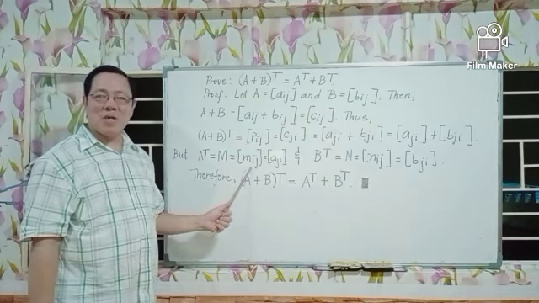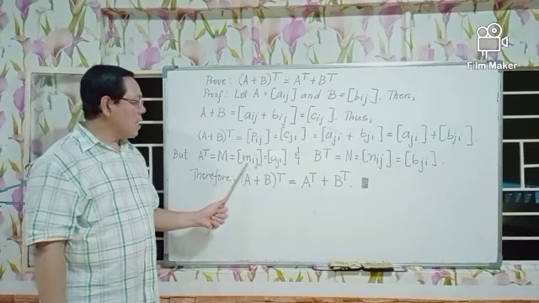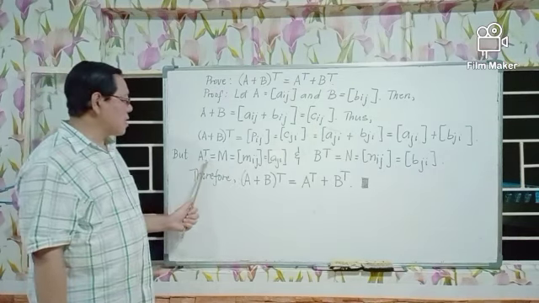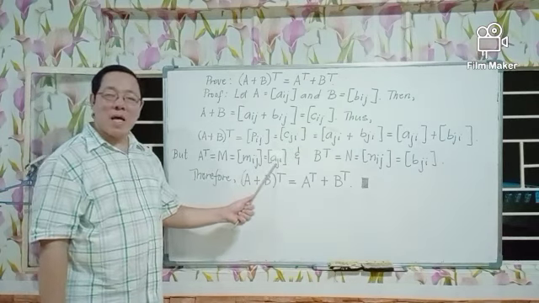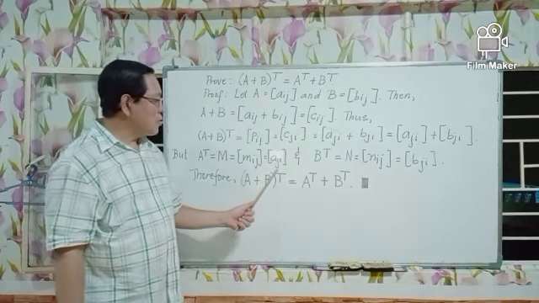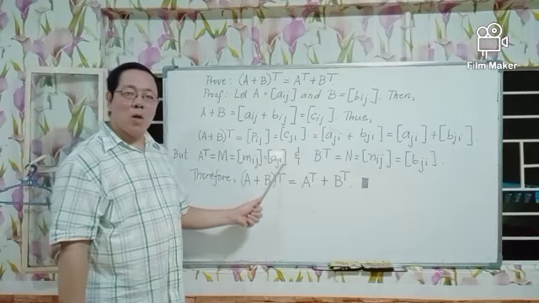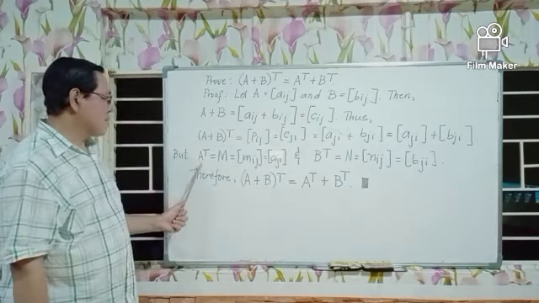And by definition of matrix transpose, the ij entry in A transpose is equal to the entry in the j row and i column of matrix A.